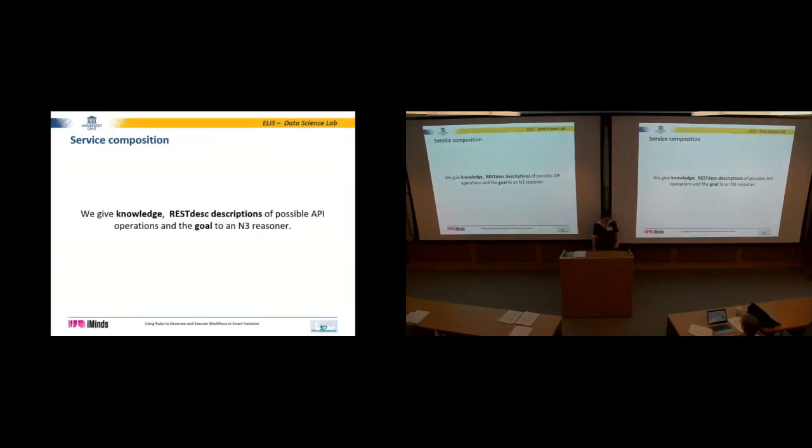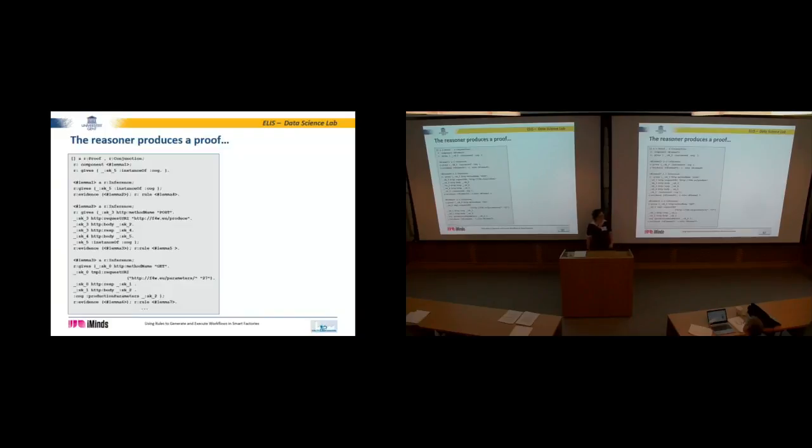So we give all this information to the reasoner: the knowledge we have, the rest descriptions, and the goal. And then the reasoner composes a proof. The nice thing about this proof is that we can use it with a generic N3 reasoner as a workflow description. Every inference which is ever done to reach the goal is also shown in the proof.